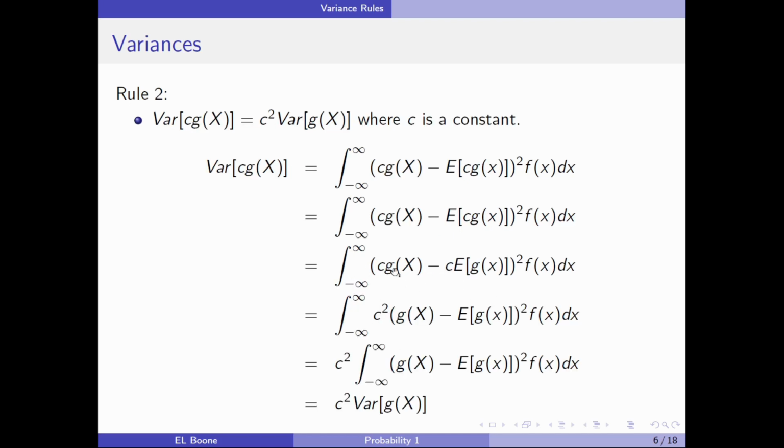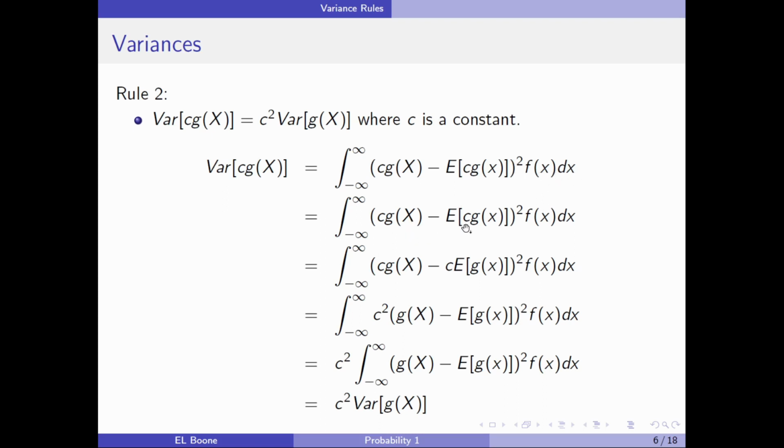Done. This one takes a little bit longer. So here we have the variance of a constant times a function of x as the constant squared times the variance of the function of x. So we're going to start off the same way, c times g of x minus the expected value of c times g of x, quantity squared, f of x dx.